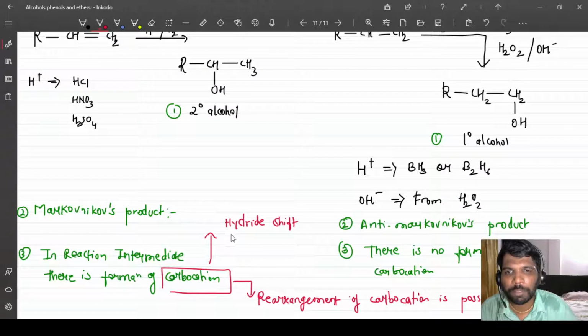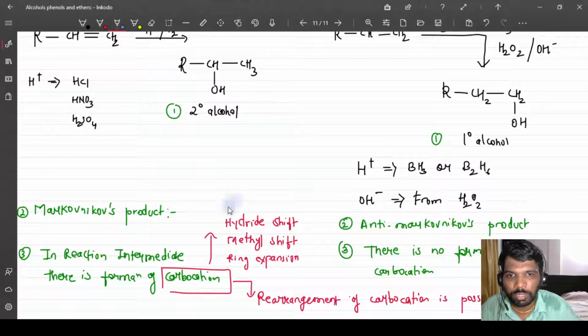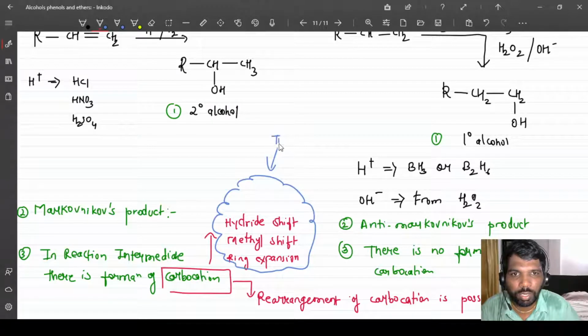then methyl shift, or one more thing that is possible is ring expansion. All these things take place to increase the stability of the carbocation.